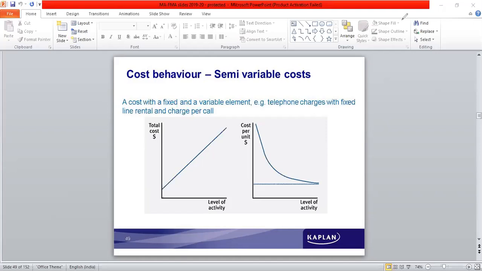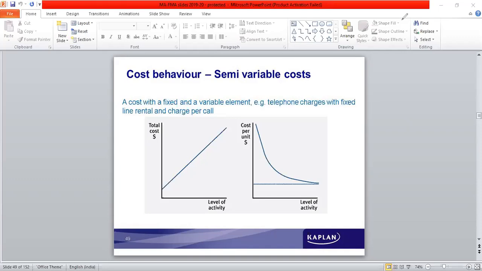The example we can quote is, you must be aware of how telephone bills are calculated, or how postpaid mobile phone bills are charged. We see that there is a component called fixed cost, that is a fixed monthly rent or monthly plan.